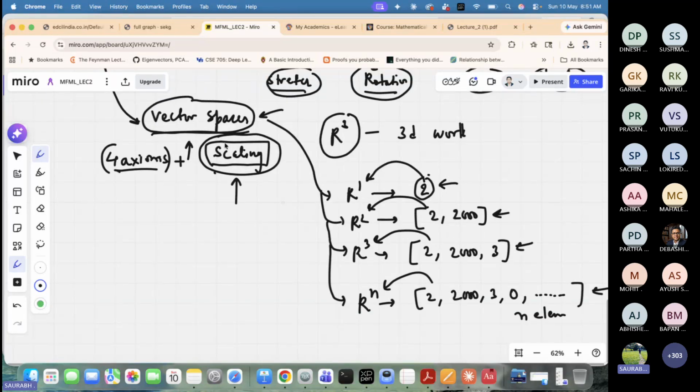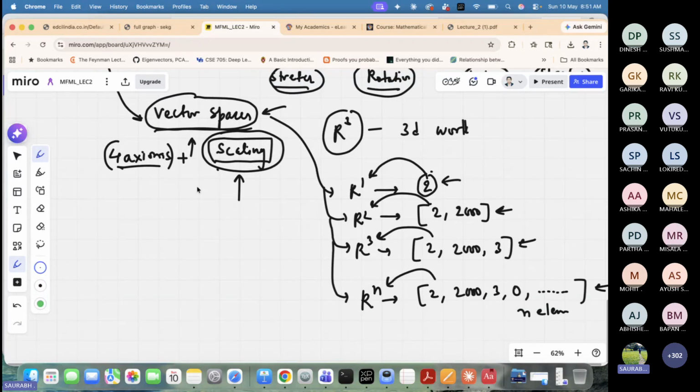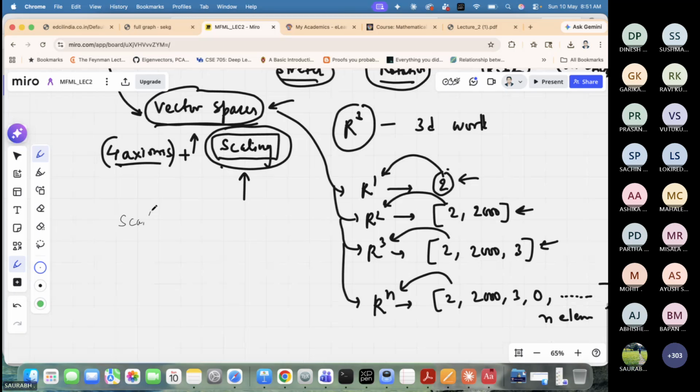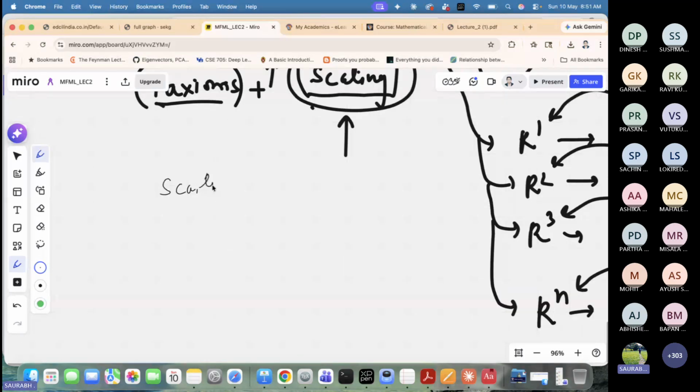Now, coming back to the scaling part, what is meant by scaling? Let me zoom in a little. What we mean by scaling is, let's say we had a vector: 2 crores and 2000 square feet.